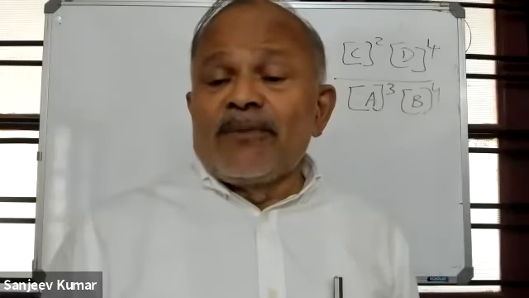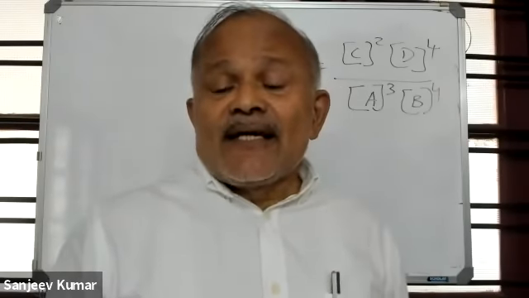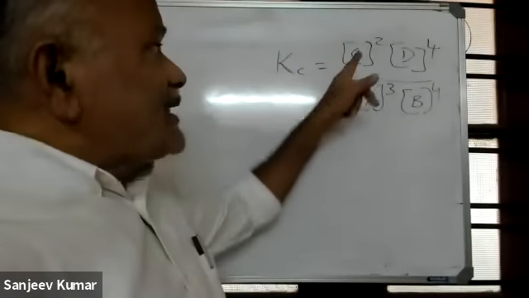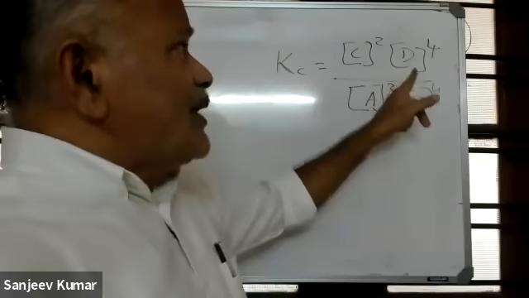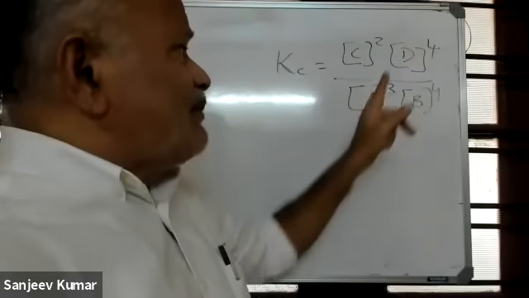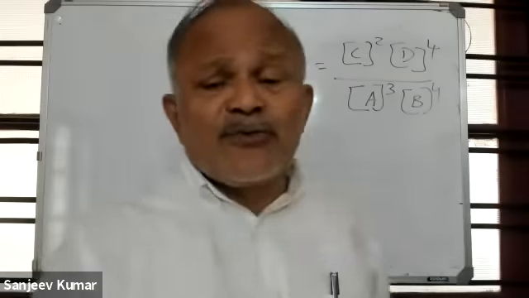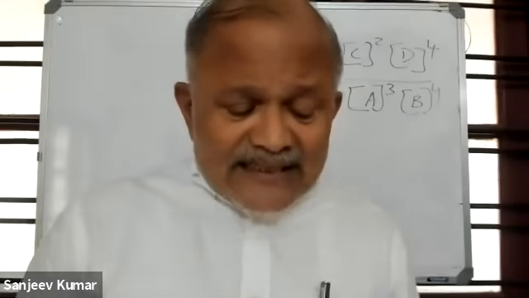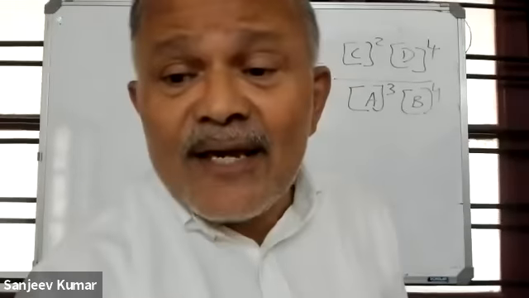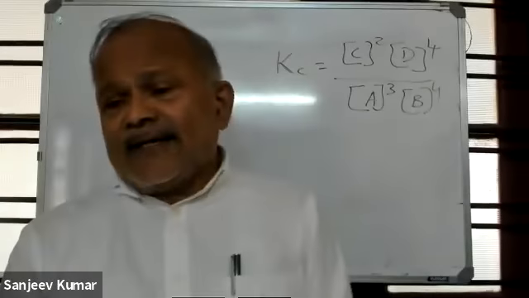And for that equilibrium, the equilibrium constant can be represented by active mass of C raised to 2 into active mass of D raised to 4 by active mass of A raised to 3 into active mass of B raised to 4. Here, initially certain concentrations of A, B, C and D are taken.